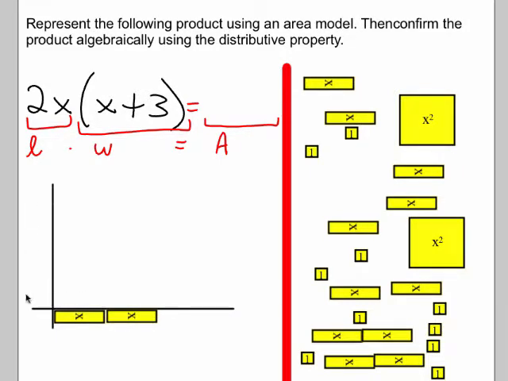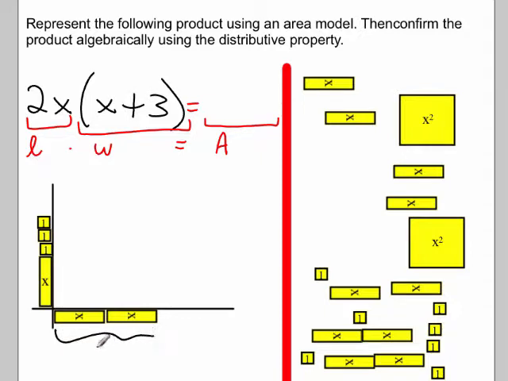And along for my width, I need an x, which I'm going to have to turn sideways, plus 3 1 units. Okay, so I'm setting up my dimensions. Here's my 2x, and here's my x plus 3. And the rectangle we're building is on the inside as always.